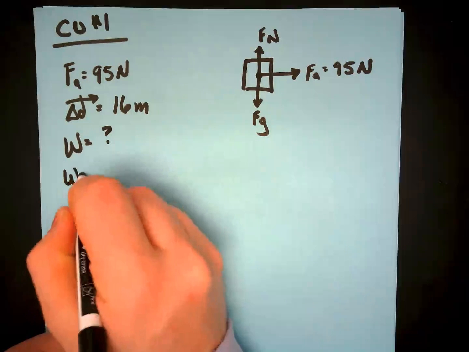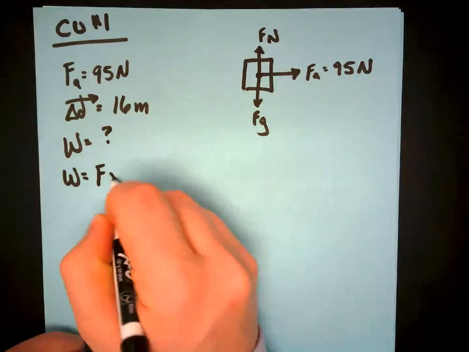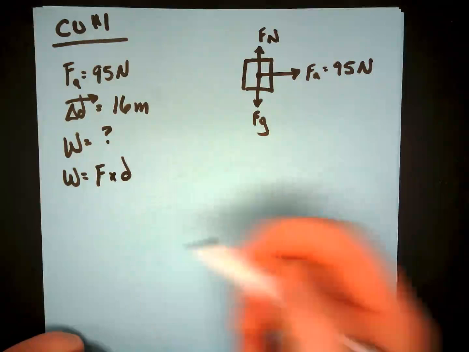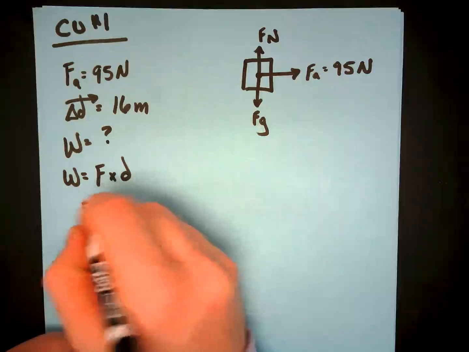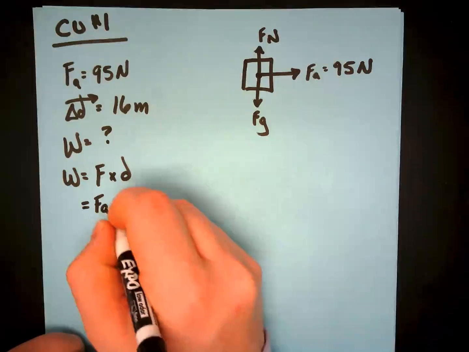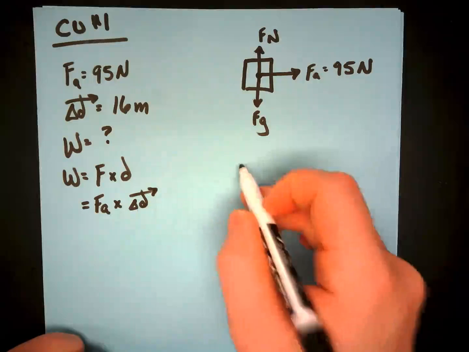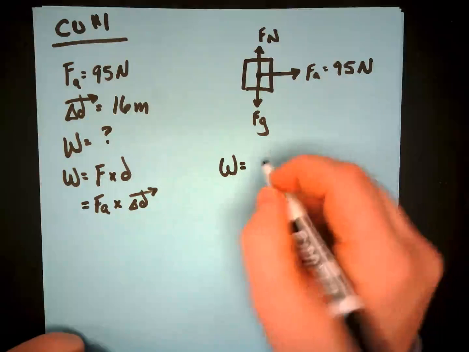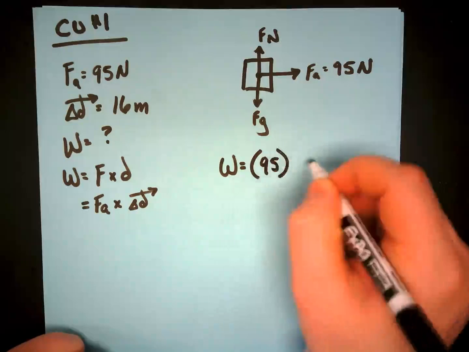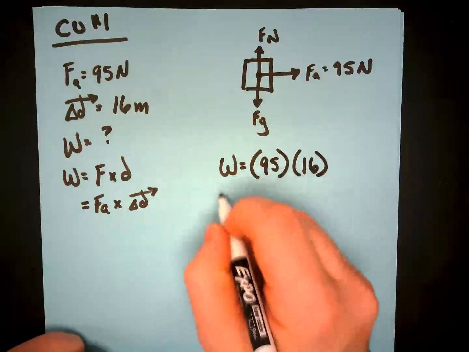Let's write down the equation. Work is equal to F times D, which in this case would look more like F of A times displacement. So W equals, plugging in the numbers, 95 times 16.